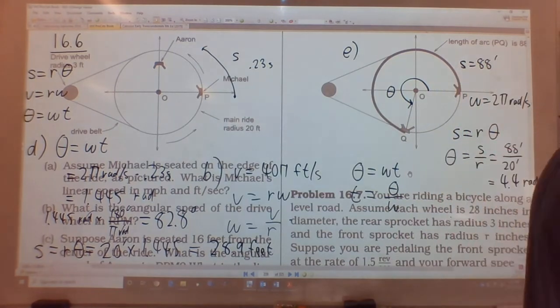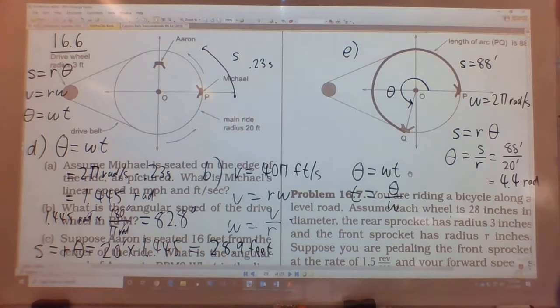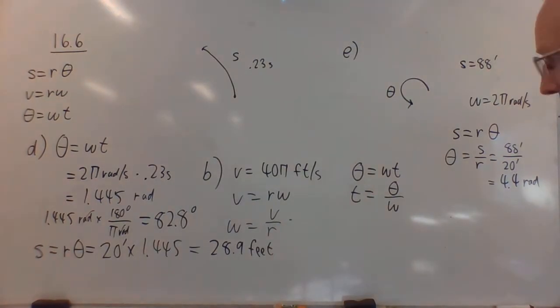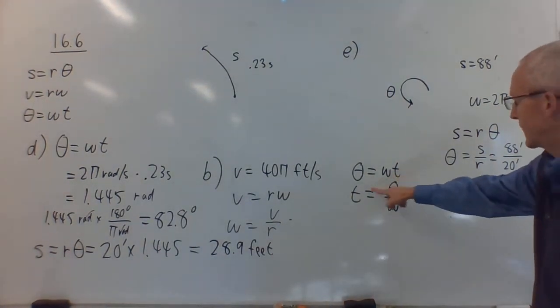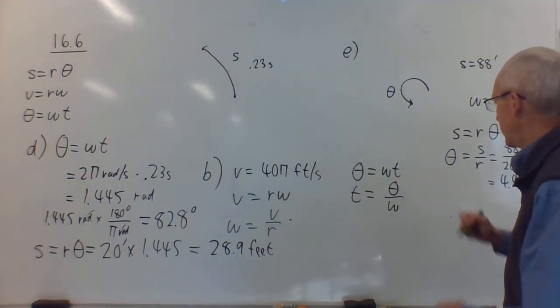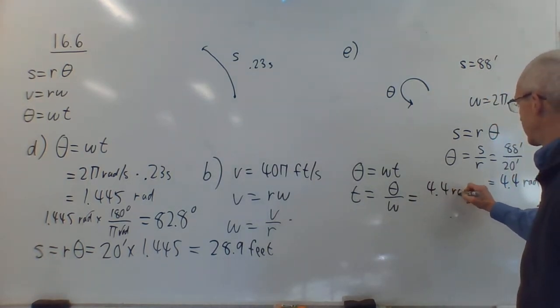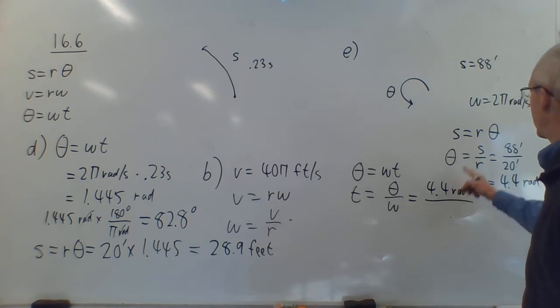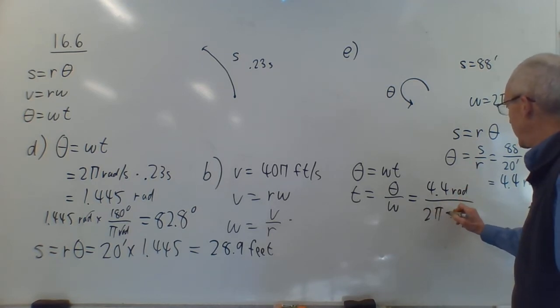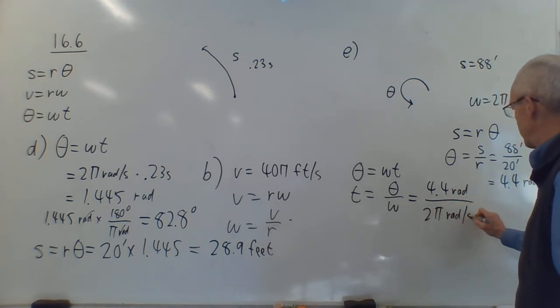Now I'm going to turn this off so you can see past all the other writing there. Okay, so theta is omega t, put the omega on the other side, time is theta divided by omega, which is, we figured out theta is 4.4 radians, divided by omega, which we know is 2 pi radians per second.